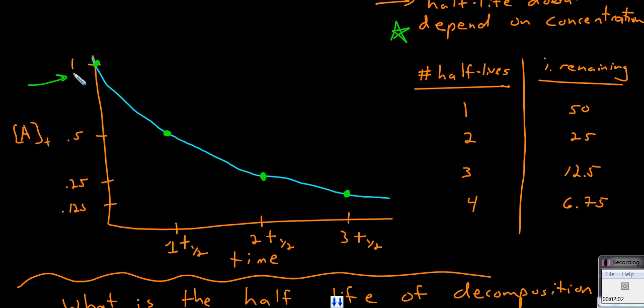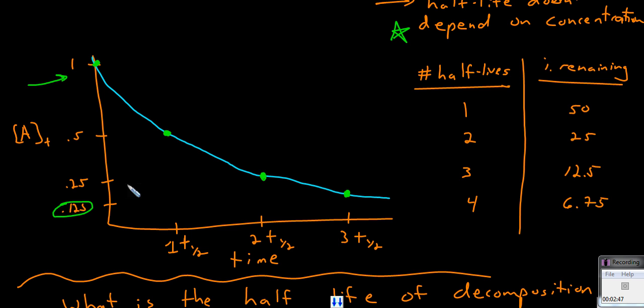If we had started with 1 molar, we would be left with 0.5 molar at our first half-life. By the time we get to our second half-life, we've lost another half of what we had at the previous half-life, and so half of that 0.5 is 0.25. By the next half-life, we've lost half of what we had at the second half-life, and so half of that 0.25 is 0.125.